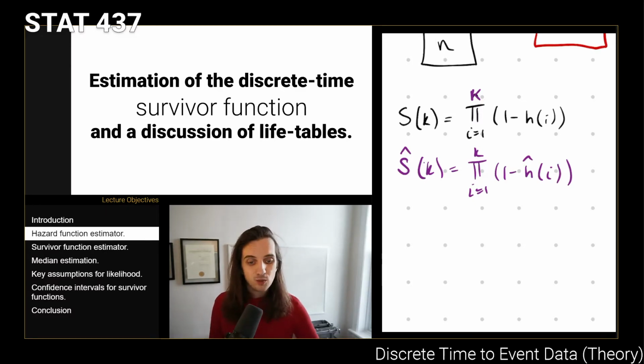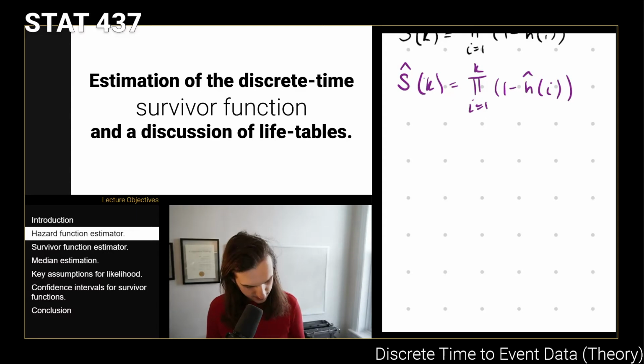Now, there's one thing that I would like to point out that's a little bit interesting with this, and you can end up seeing this for yourself. But if we think about what this product actually is, right?